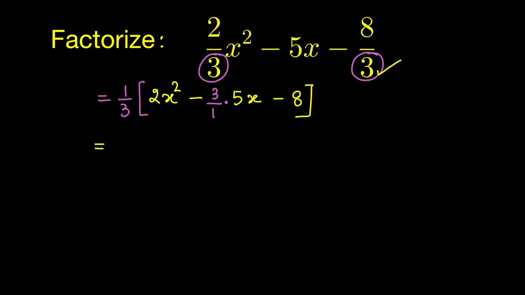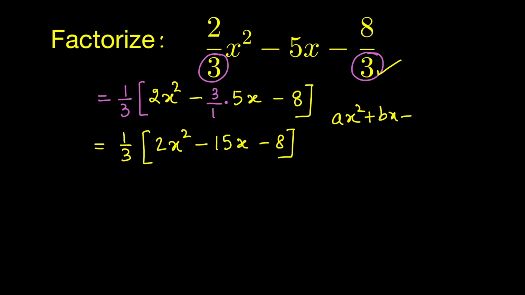Now we have 1/3, then 2x squared minus 3 times 5, which is 15x, minus 8. So now you can see in the bracket we have the expression in the form ax squared plus bx plus c. In this case we write the product.